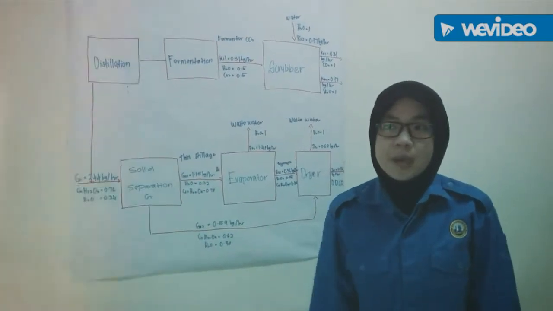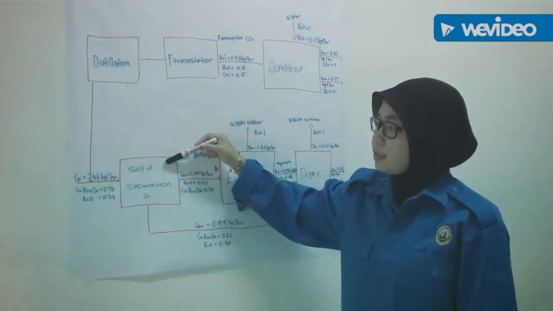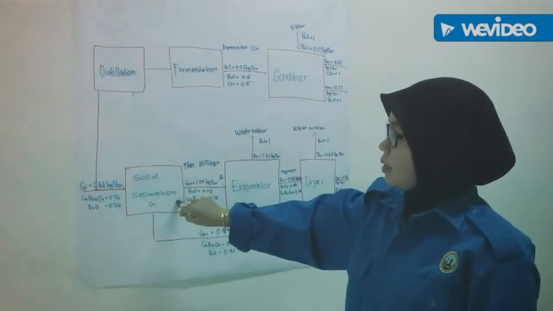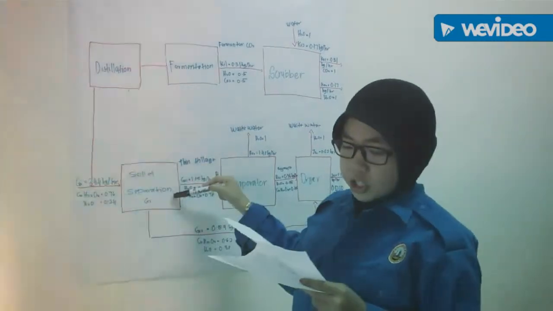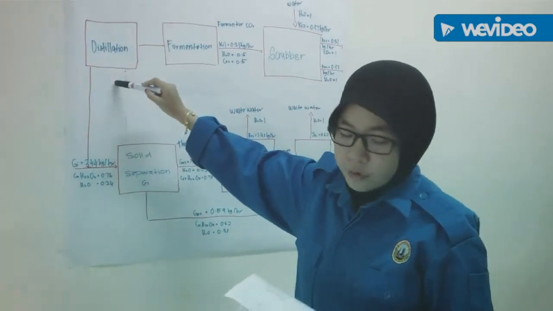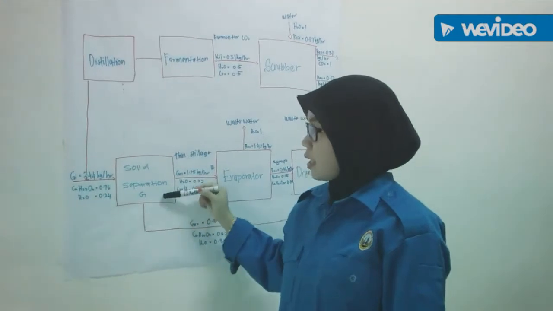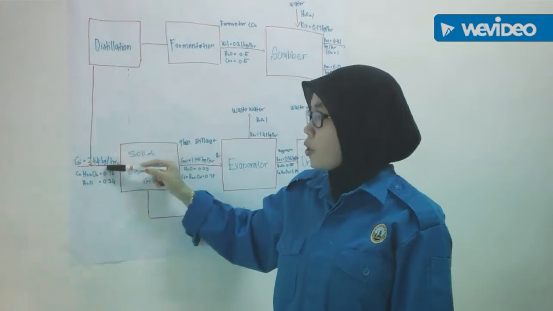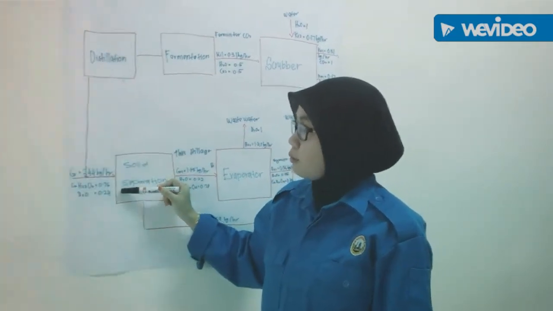Now I want to explain the process of distillation of bioethanol. Now this state is solid separation, which is state G. From solid separation, the solid from B column from the distillation will enter the solid separation with the mass flow rate 2.44 kg per hour.